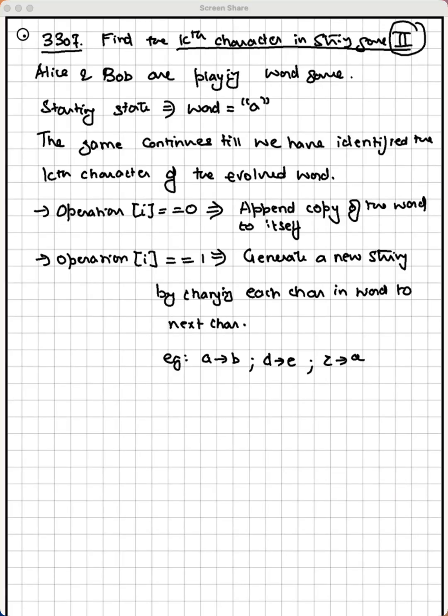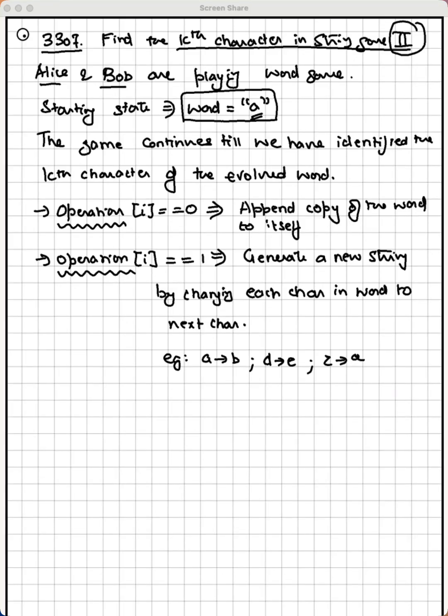So in this game, Alice and Bob start with a word which is always a single character A, and the way the game continues, especially in this particular setting, which is different from yesterday's, is that we have a new input called operation, which is nothing but a binary array, so it can only have values 0 or 1.